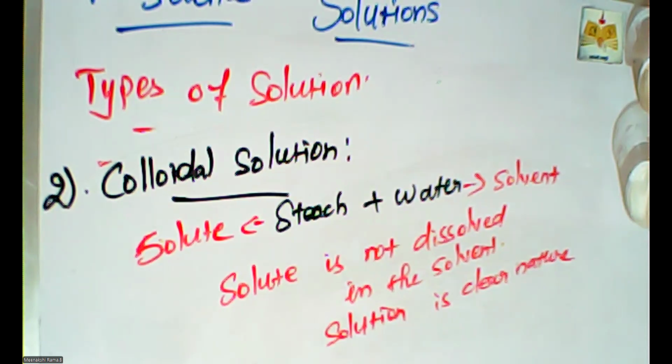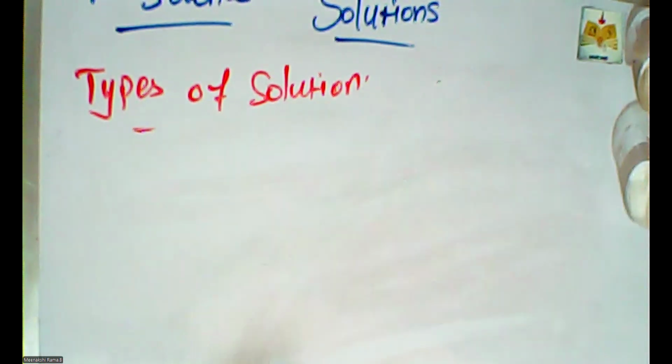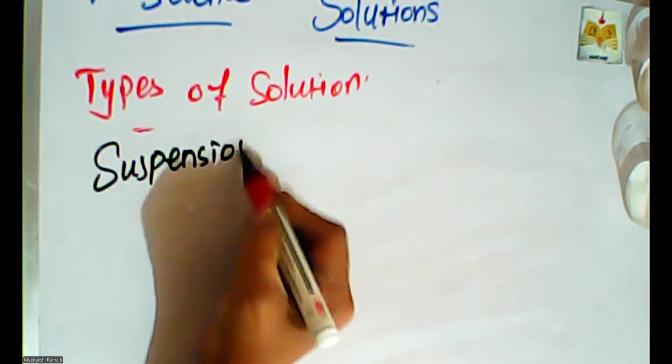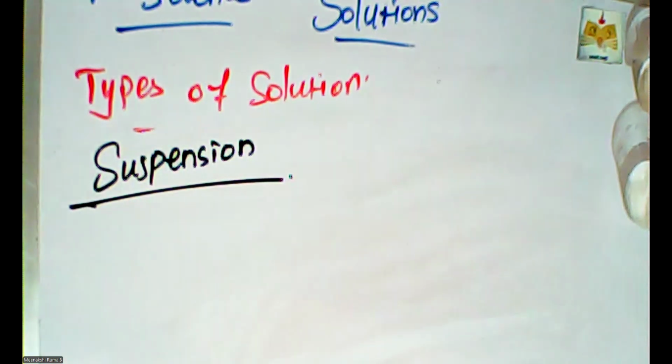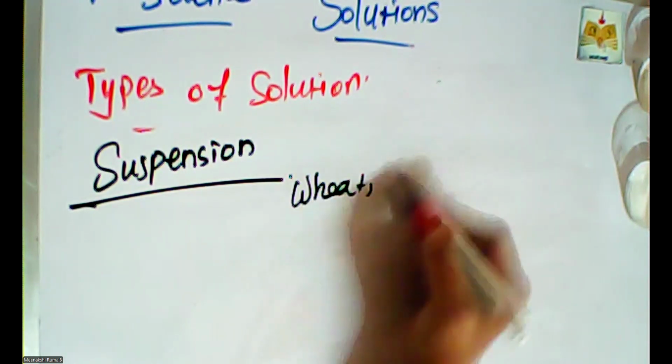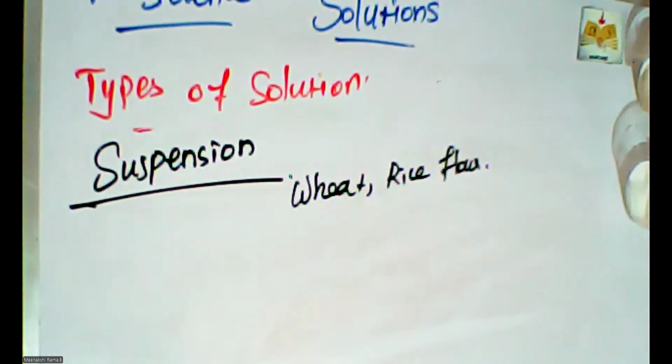Okay. So next one is suspension. The next category is suspension. The third one is called suspension. In suspension, the solute is different kinds of flour, like wheat flour or rice flour, whatever it may be. So now I'm going to take some flour.